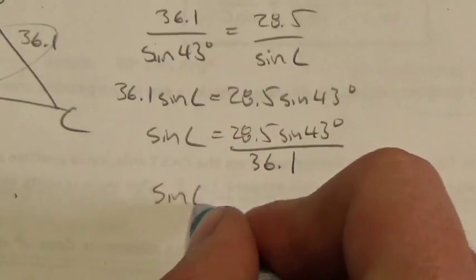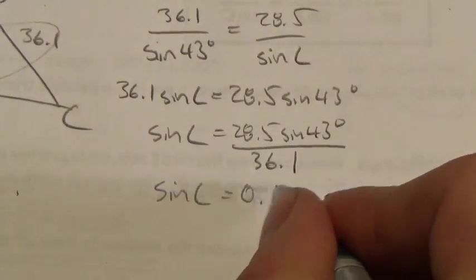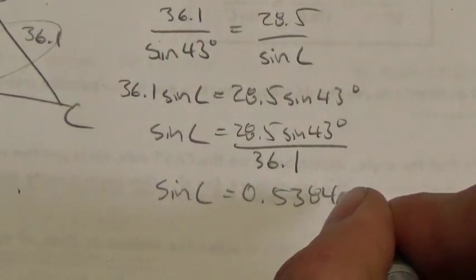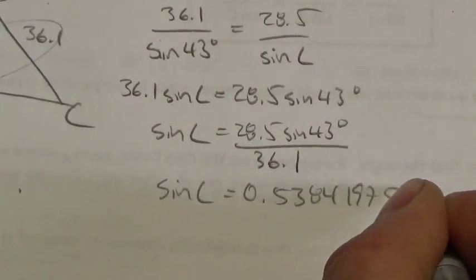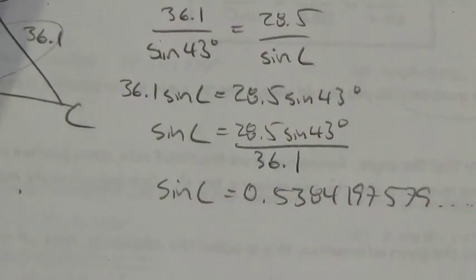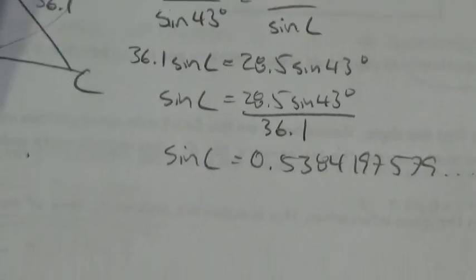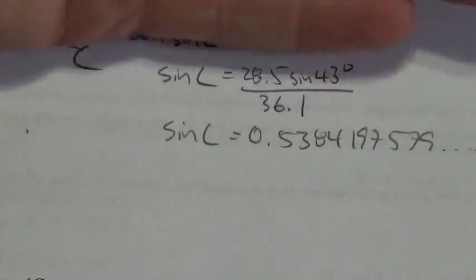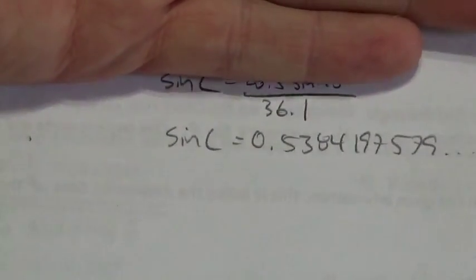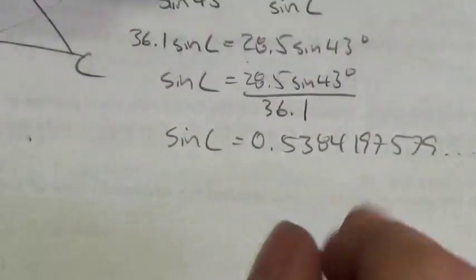So the sine of C is going to equal 0.5384197579, and it's going to go on and on. And again, I write that out like that, not that I needed to, since I'm going to let the calculator remember that number anyway. But so that I can look at this right here and think, okay, I'm getting this decimal. Sine of C is equal to some number.